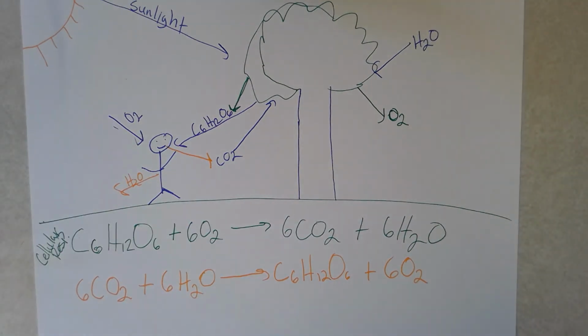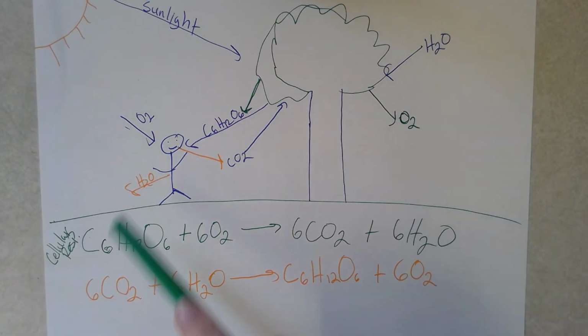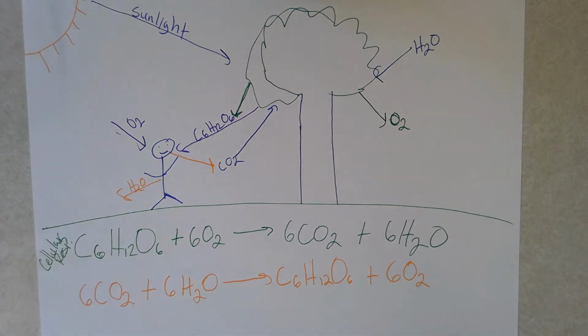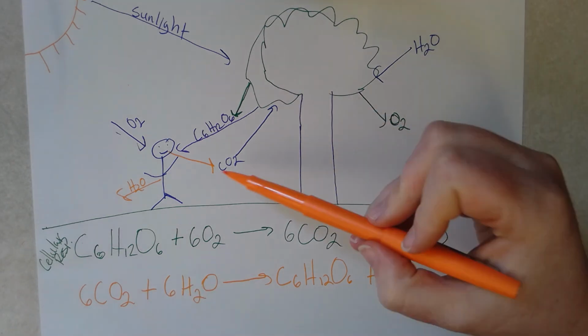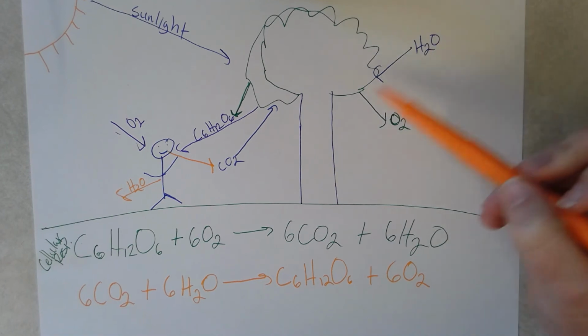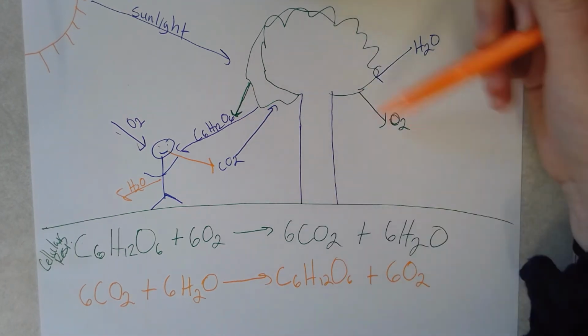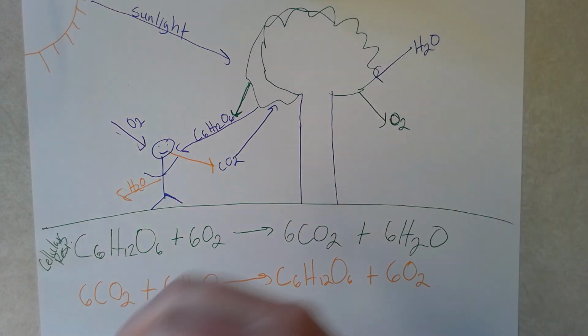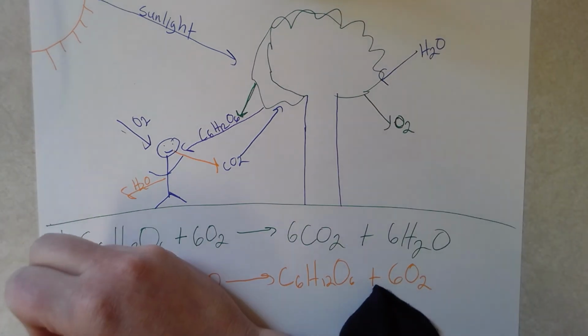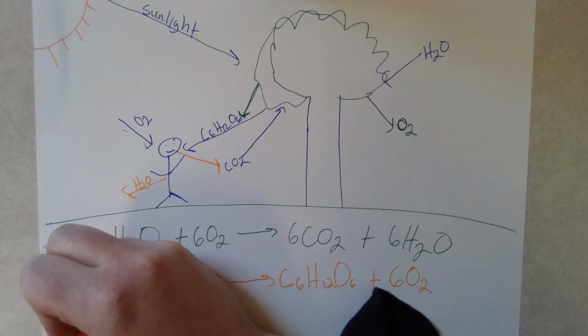And then what comes out is that CO2 and H2O. And then the next equation below it has carbon dioxide and water going in. So you have your carbon dioxide going in and your water going in, sugar coming out, oxygen coming out. And so this tree is undergoing a process for this of photosynthesis.